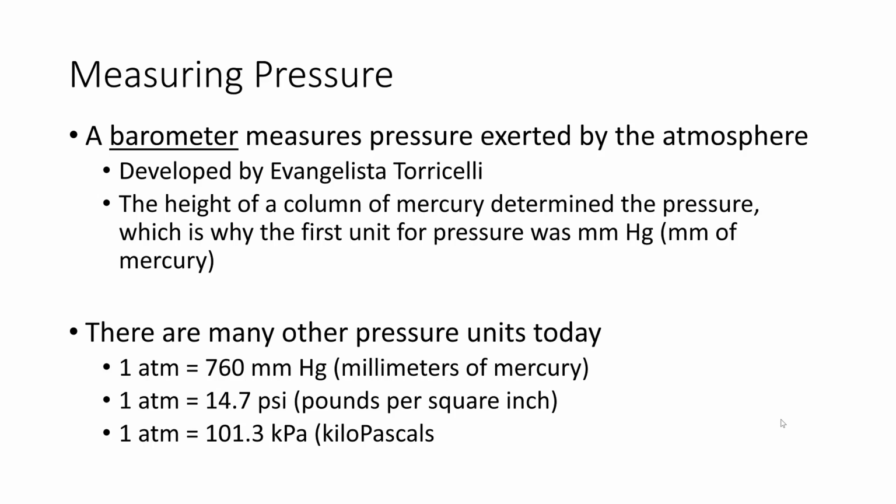This is the SI unit that scientists all around the world use. We're not going to run into it a lot in the US, but it is important to know how to convert to this unit because that's the standard pressure unit in Europe and lots of other nations. So we're going to learn how to convert between all 3 of these different pressure units.